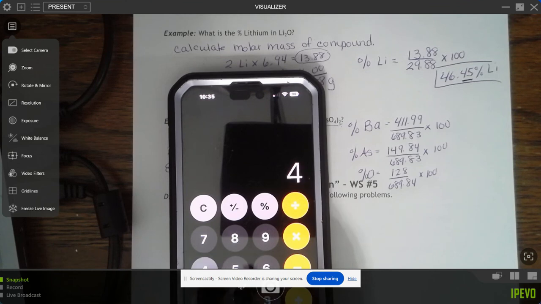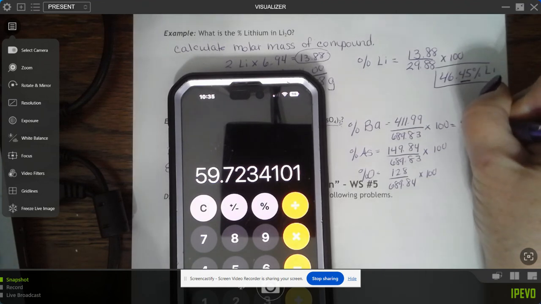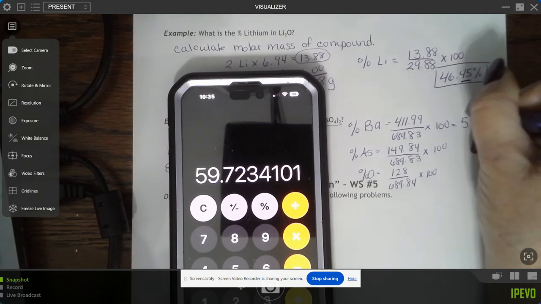So 411.99 divided by 689.83 tells me that my compound is 59.72% barium.